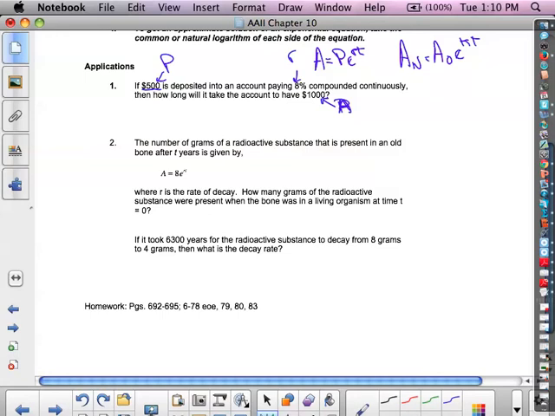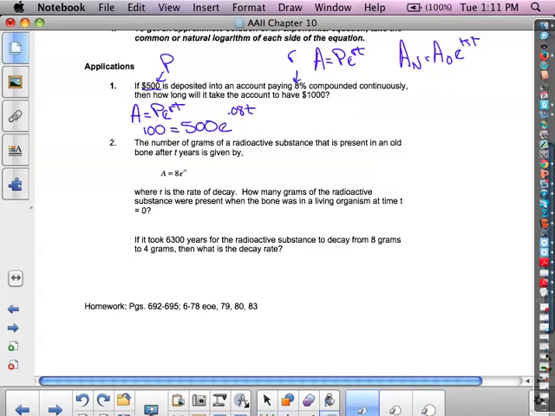So using the formula A equals P e to the rt, I have 1,000 equals 500 times base e raised to the rate, remember 8% is 0.08, times t.